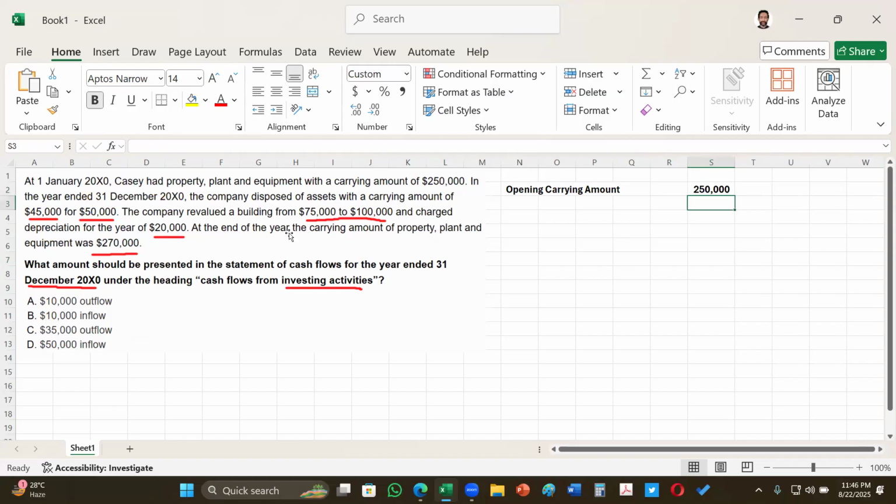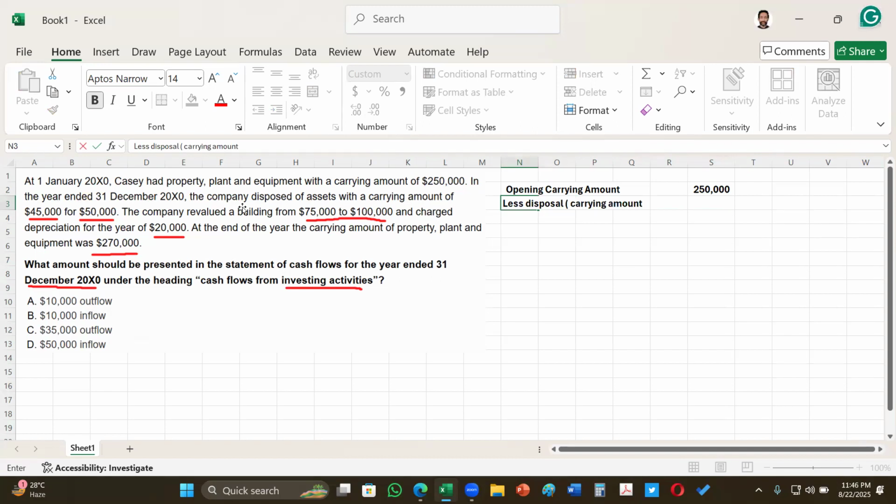during the year ended, the company disposed of the asset. So whatever we disposed of, we deduct the disposal. We will deduct the carrying amount of the disposed asset, 45. So we take away the 45,000 here.